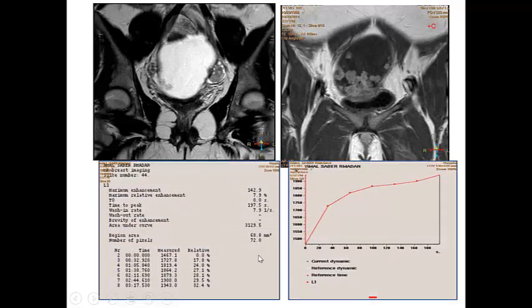So here, this is the time to peak, about 200. So there is no rapid enhancement. Here is the maximum enhancement, 142, and the type curve is a rising curve. So this is a benign looking lesion on dynamic contrast enhanced MRI.